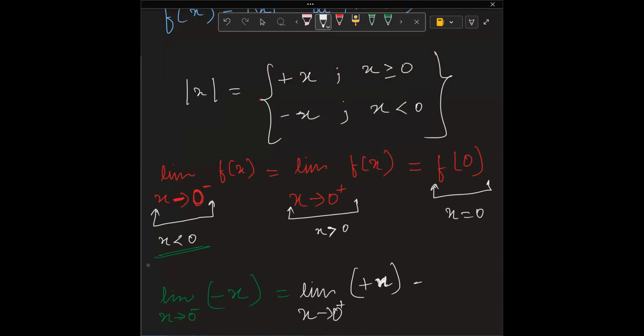And what will be your function value at x equals 0? Check the definition and tell me what will be the function value when your x is equal to 0.